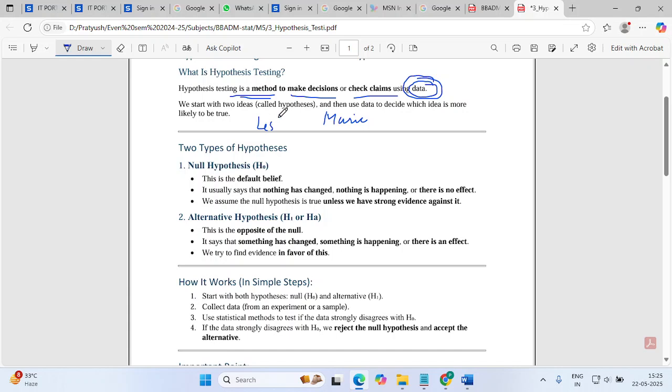Let us assume one person in your class says that listening to music makes my study better and I score good marks.